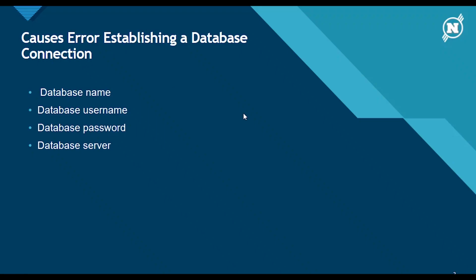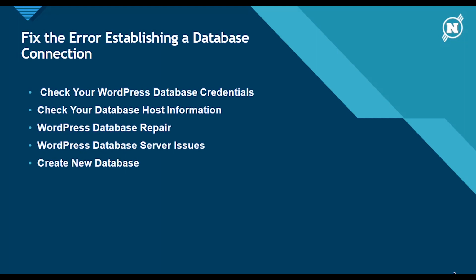Finally, I highlighted the errors are caused by the database name, database password, or database username, or the server having a poor connection with your WordPress application. I've also highlighted that to fix this problem, you need to update the database credentials: the username, the password, the database name, and the host.